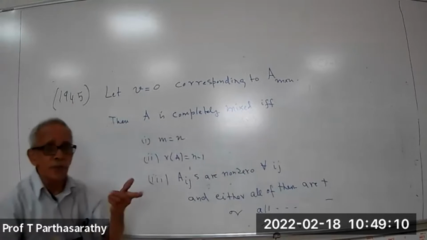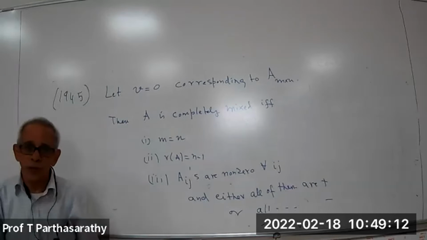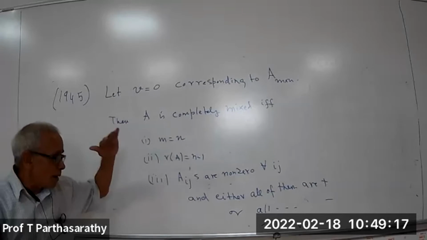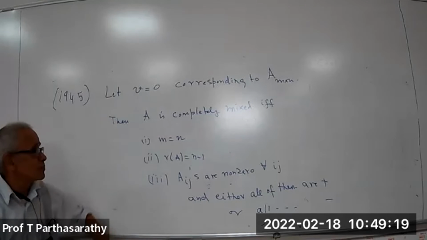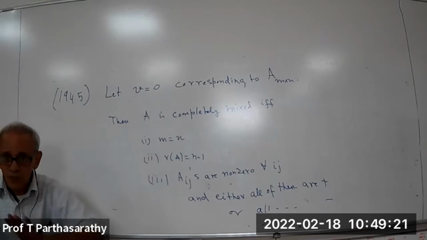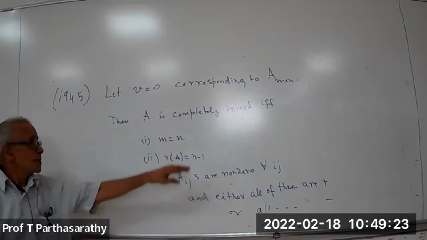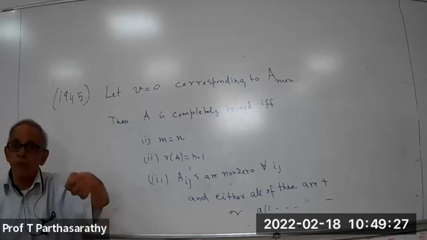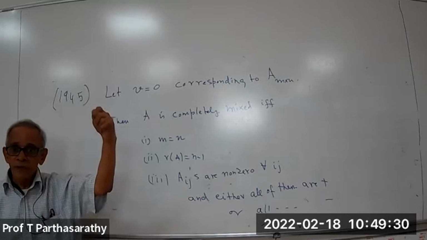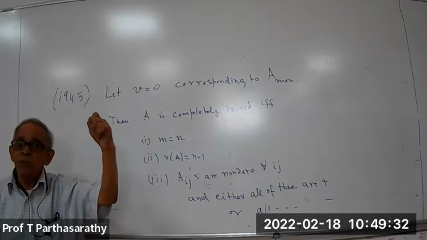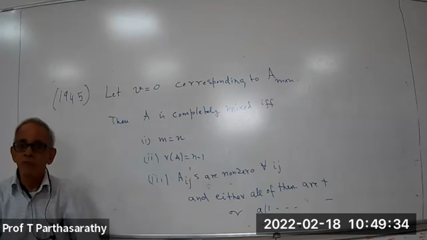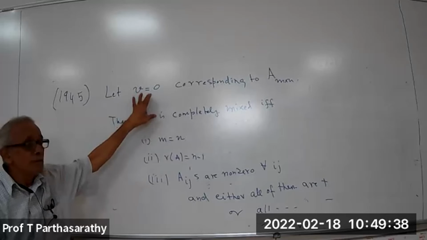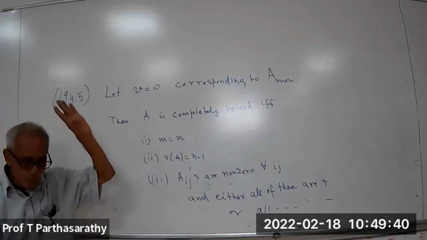That is, it cannot be that one is negative and another positive. All the Aij are non-zero and they are all positive or all negative. This is a complete characterization of a general game. Let me repeat what I mean by completely mixed: every optimal strategy for the game is a completely mixed probability vector for both players. This is a complete characterization, of course, with the extra condition that the value is 0.